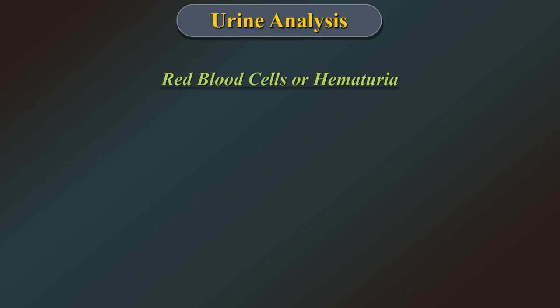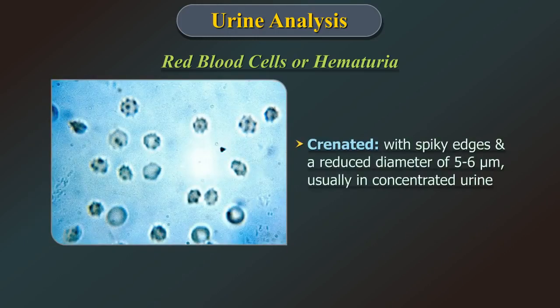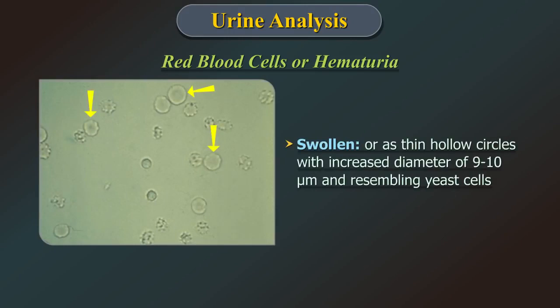Red blood cells or hematuria. Appearance. Red blood cells in urine may be seen as intact, normal shaped, small yellow discs darker at the edge, of the size 8 microns; crenated with spiky edges and reduced diameter of 5 to 6 micron, usually in concentrated urine; or swollen, as thin hollow circles with increased diameter of 9 to 10 micron and resembling yeast cells.